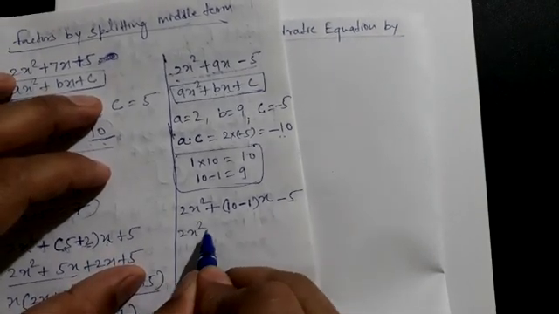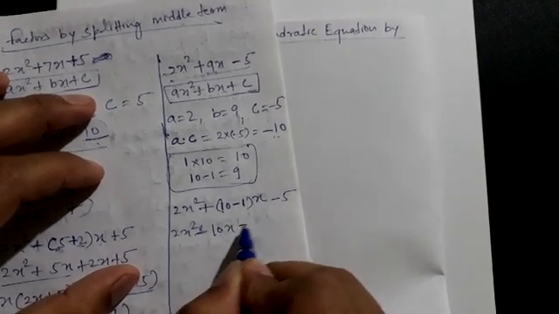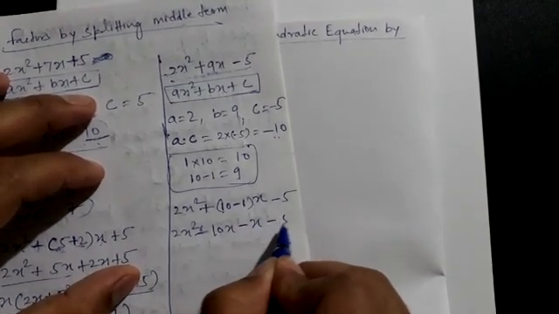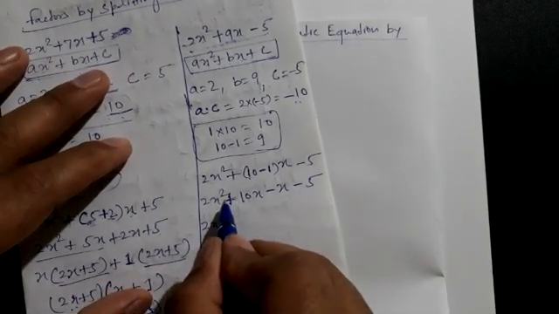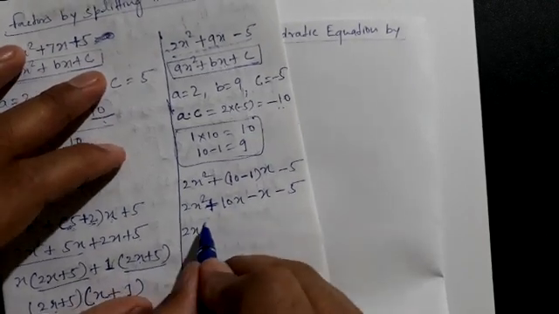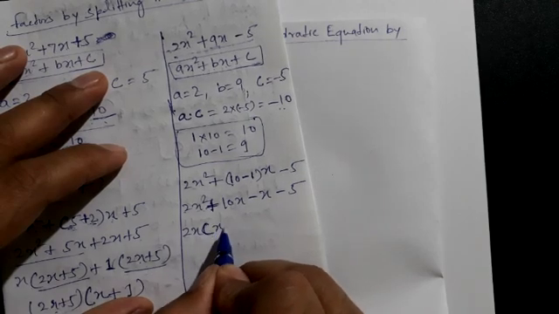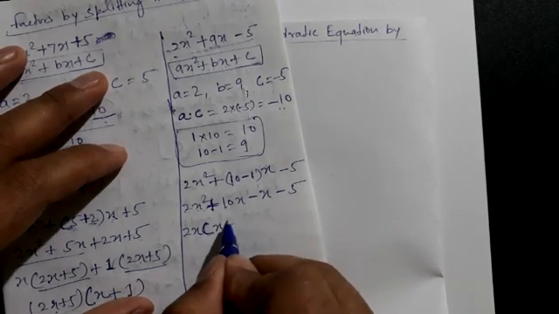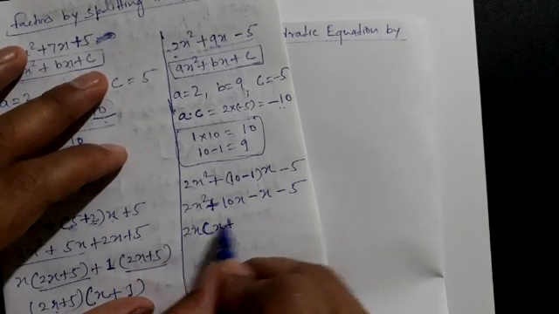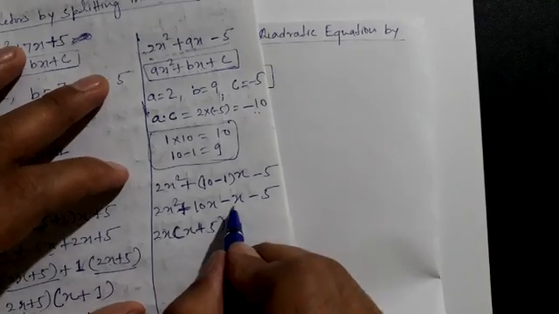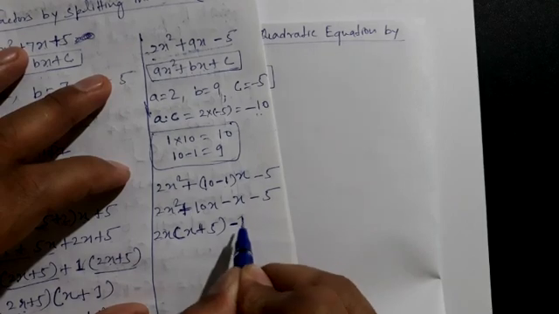So 2x squared, open the bracket here: 10 into x, 10x, minus 1 into x, x, minus 5. So here you take 2x common. In these two terms we have 2x common. As you take 2x common out of 2x squared, only x will remain here, plus the 10x, so if we take 2x common, only 5 will remain here. Out of these two terms, nothing is common except the minus sign, or we can say minus 1 I am taking common.